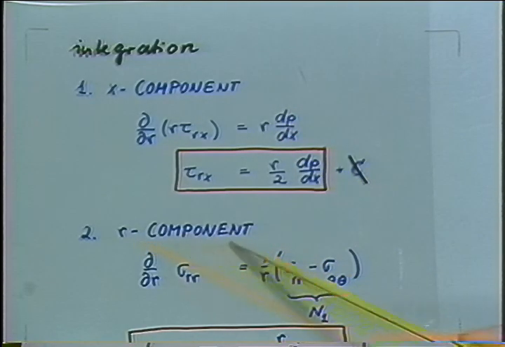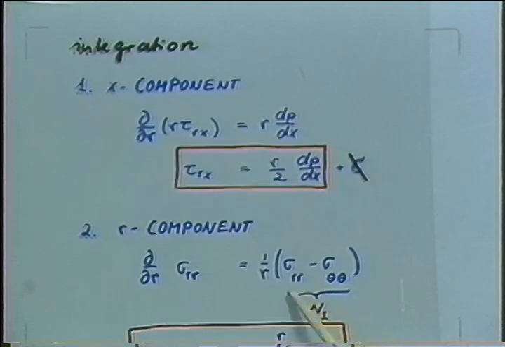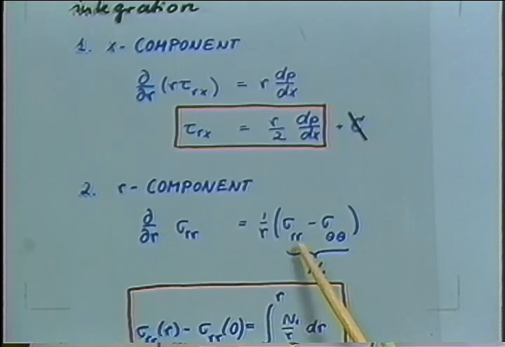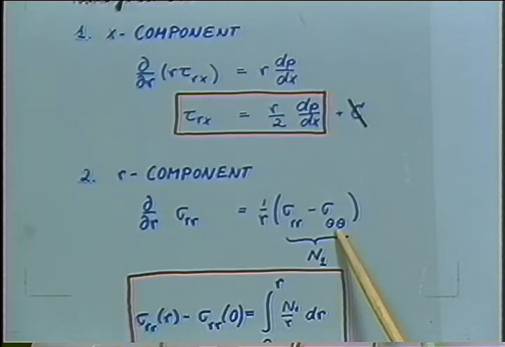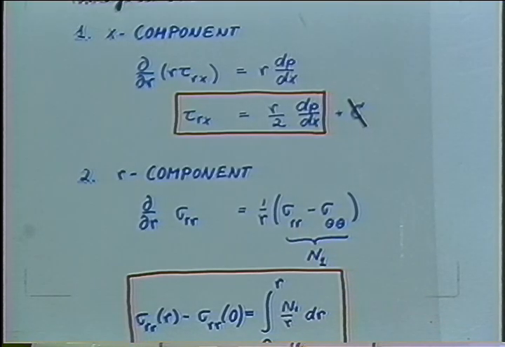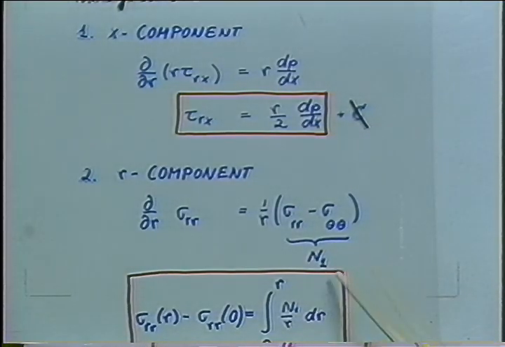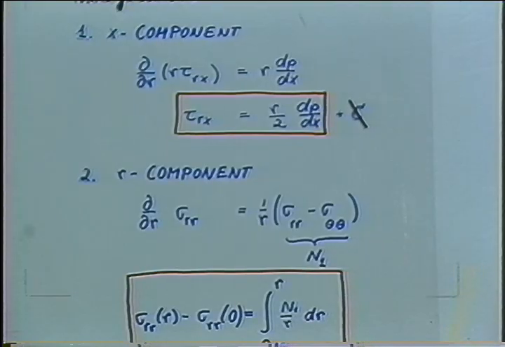And the r component here is giving us the normal stress difference between the 2 direction and the 3. This must be between the 1 direction and the 2 direction, so I have to check that. I think this should be the first normal stress difference which we are getting here.